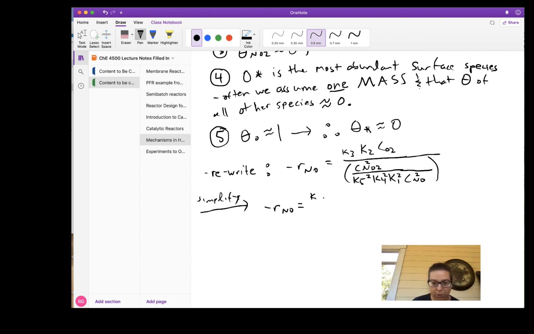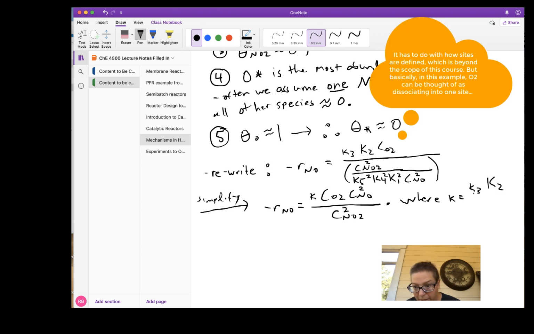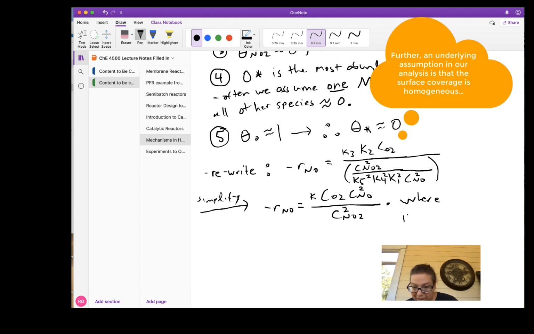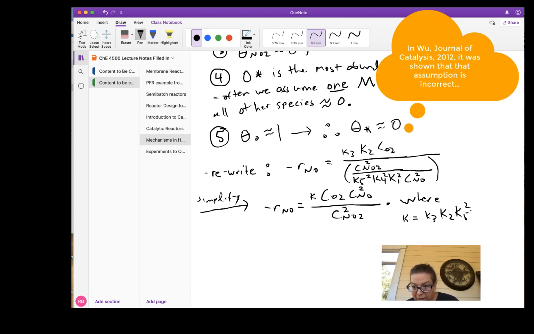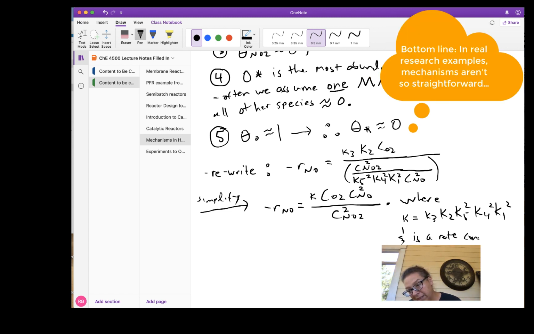So we're going to call it a rate constant times C_O2 C_NO squared divided by C_NO2 squared, where k equals k3, k2, k5 squared, k4 squared, k1 squared, and is a rate constant.